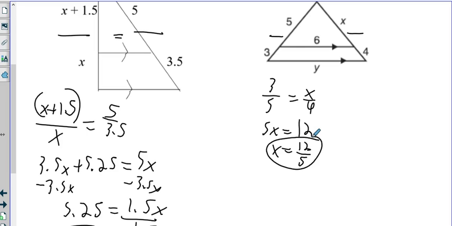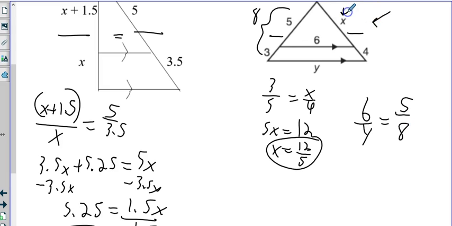And then, for y, 6 over y equals 5 over, we need the whole thing here, so that's 8, like so. Now we could use this side also, but that would mean putting 12/5 in here, and it's much easier to deal with 8 than a nasty fraction.